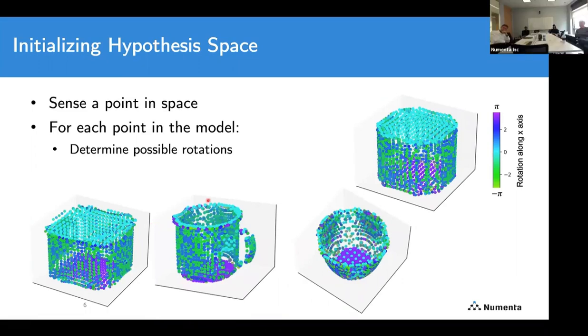And when you say possible rotations, is there some fixed number of rotations that you're testing? Well, if I have the point normal and the curvature directions, then that's basically two rotations per location. It's 0 and a 180 degree flip because the curvature directions could point either way. If I can't use the curvature direction because I'm, for example, on a flat surface and I can only use the point normal, then I have to sample some possible poses along the remaining axis.